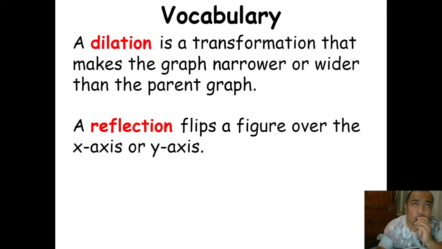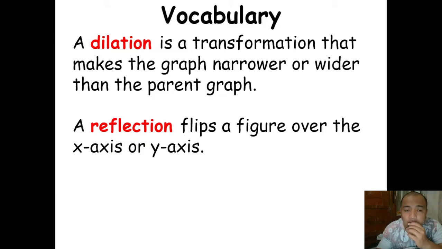For example, if we have here y equals x squared compared to y equals 6x squared, which is narrower? The narrower is the one with the greater absolute value of a, which is y equals 6x squared. So y equals 6x squared is narrower, while the graph of y equals x squared is wider. So that's what we call dilation.